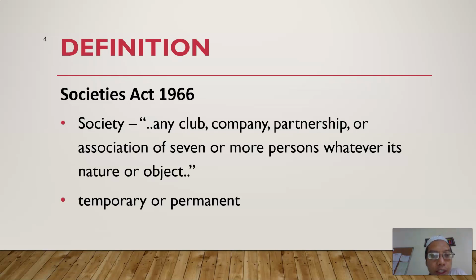These organizations may be set up as temporary or for permanent reasons. By looking at this alone, we do not see the differentiating factor between non-profit and profit organizations, because companies and partnerships can also be profit organizations.